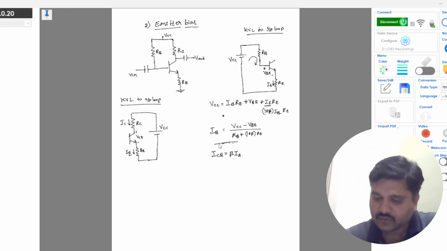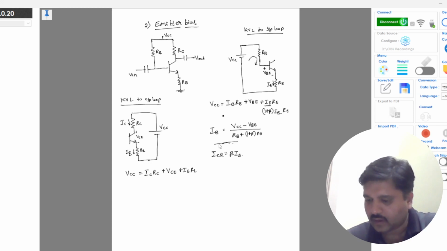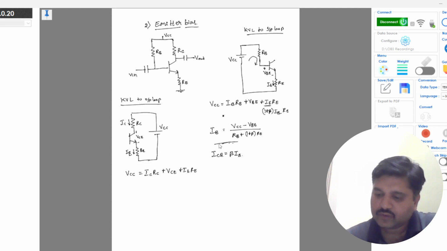So the equation for the output loop is VCC is equal to ICRC plus VCE plus IERE. Since IE can be approximated to IC, I can replace IE with IC.